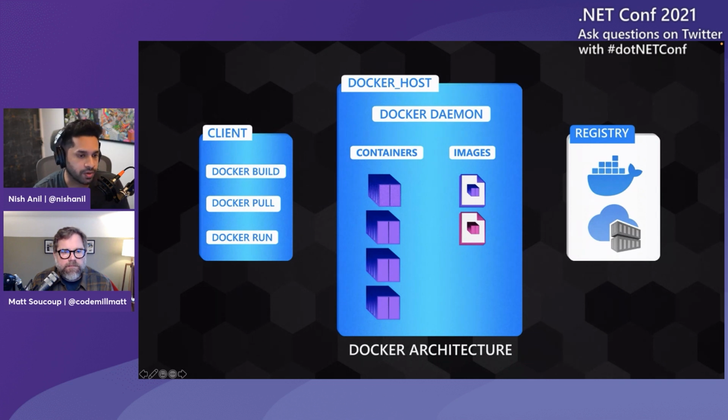But if you're looking at enterprise applications, you will probably need something more secured, where your secure infrastructure can connect with a secured container registry to pull the images. And that's when you look at something like Azure Container Registry, right? And the Docker client gives you those commands to pull, build, and run, which we will look at in some time.